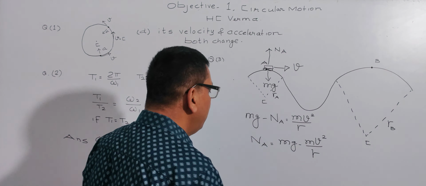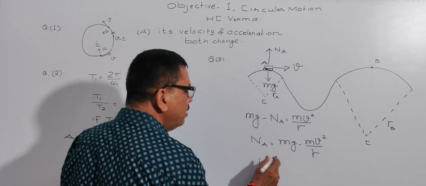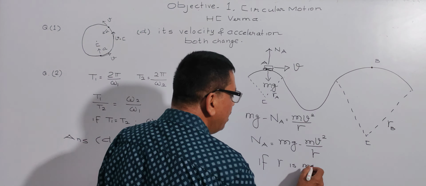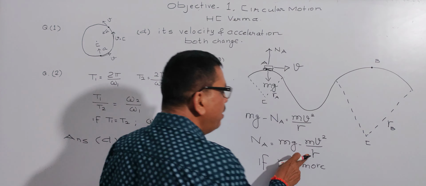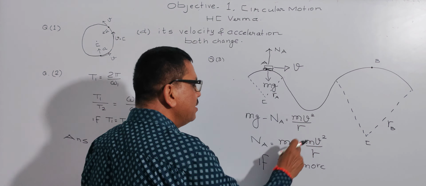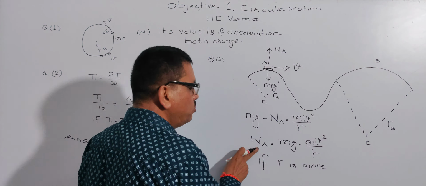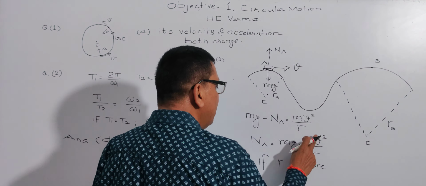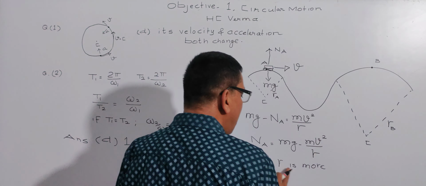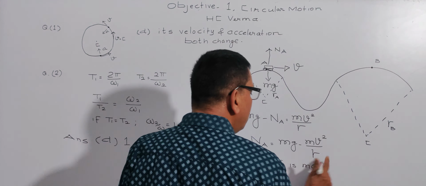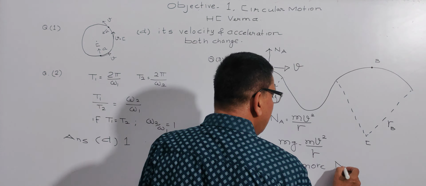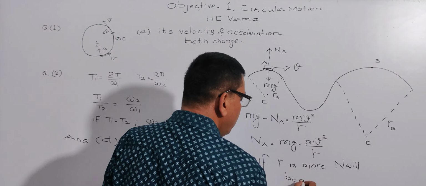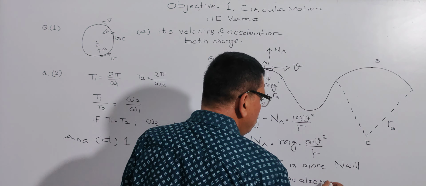Now you will observe here that if r is more, then what will happen? A lesser amount will be deducted and this will be more. So if R is more, this will be less and this will be more. So if R is more, then N will also be more.